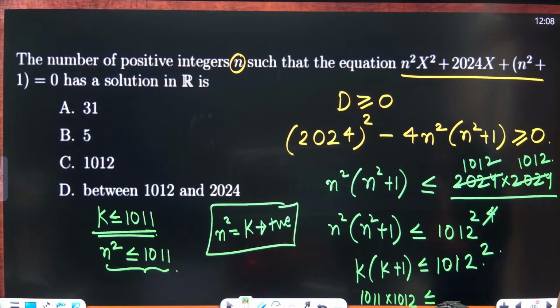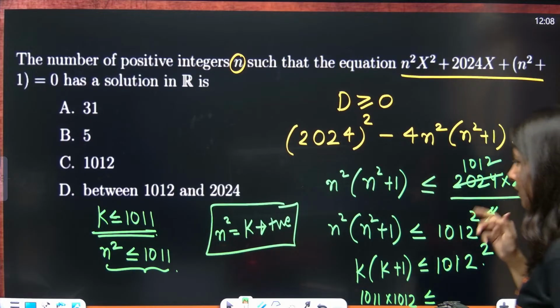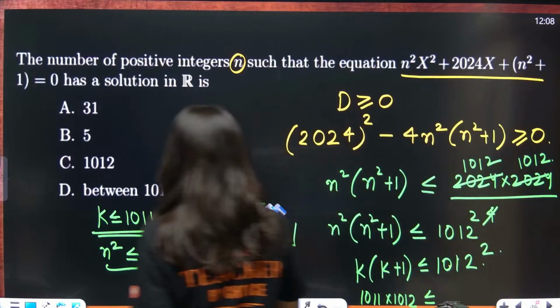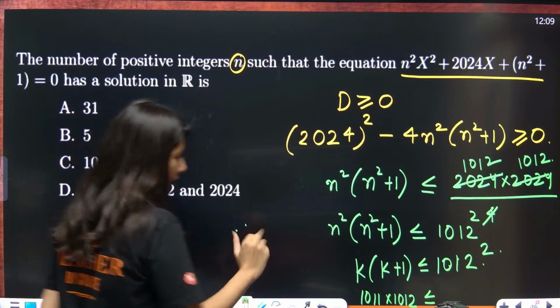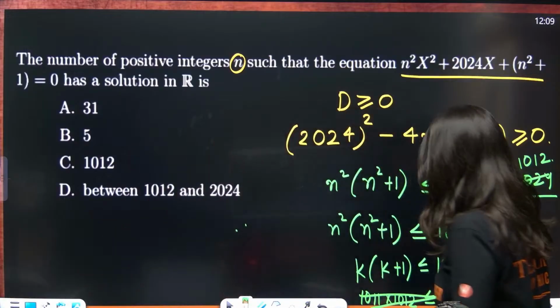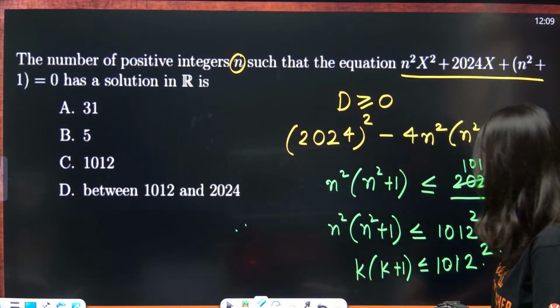N square should be less than or equal to. Okay. We can do it this way also. Hold on. I'm just thinking how to do this question. Can we do it this way? Okay. So this is k square.